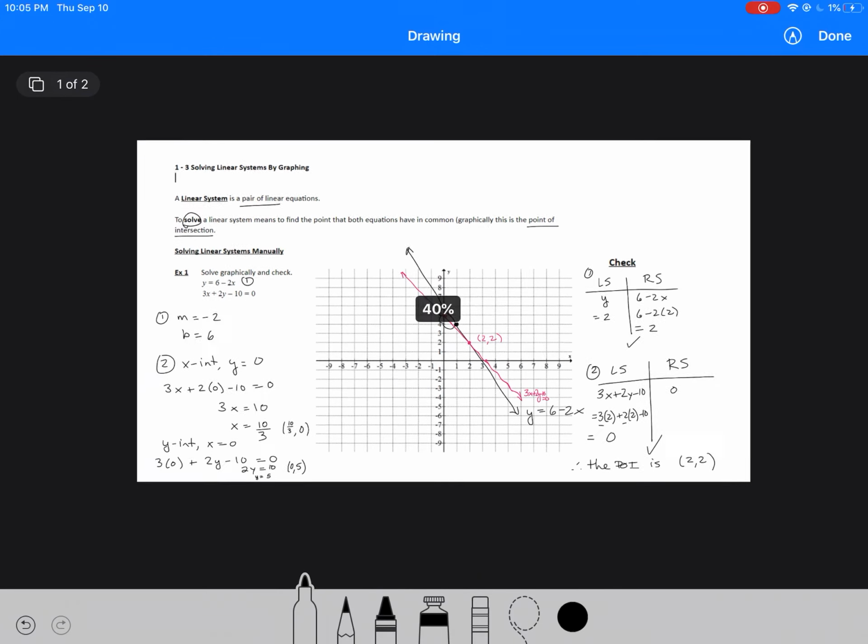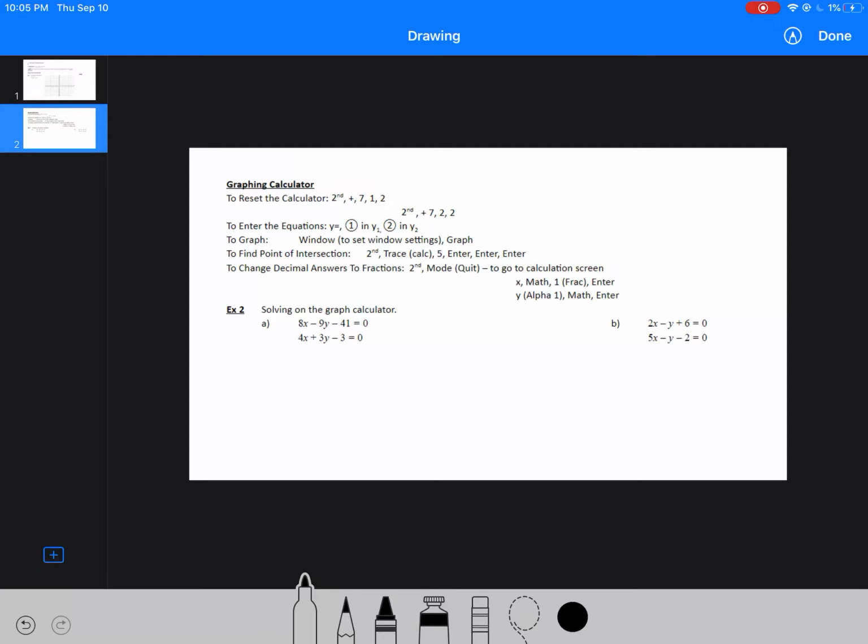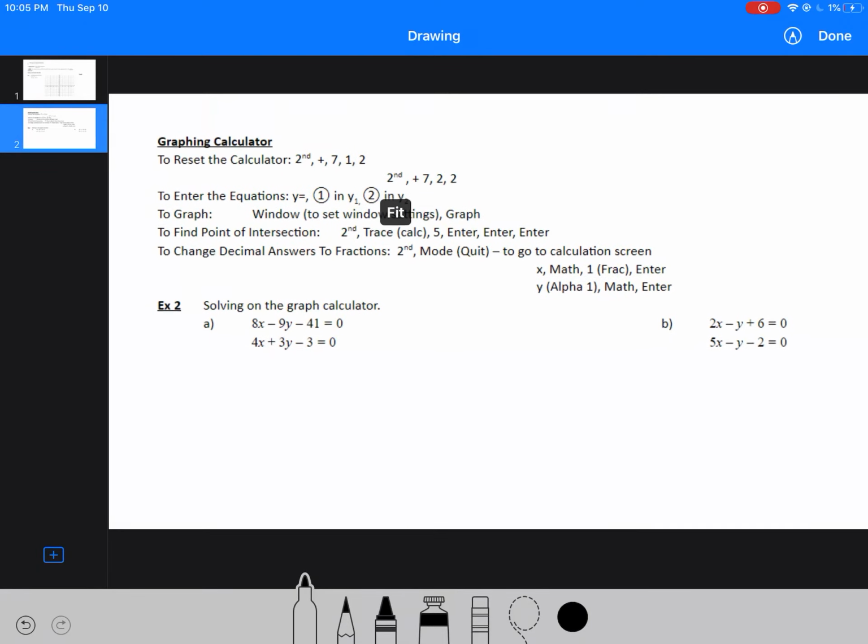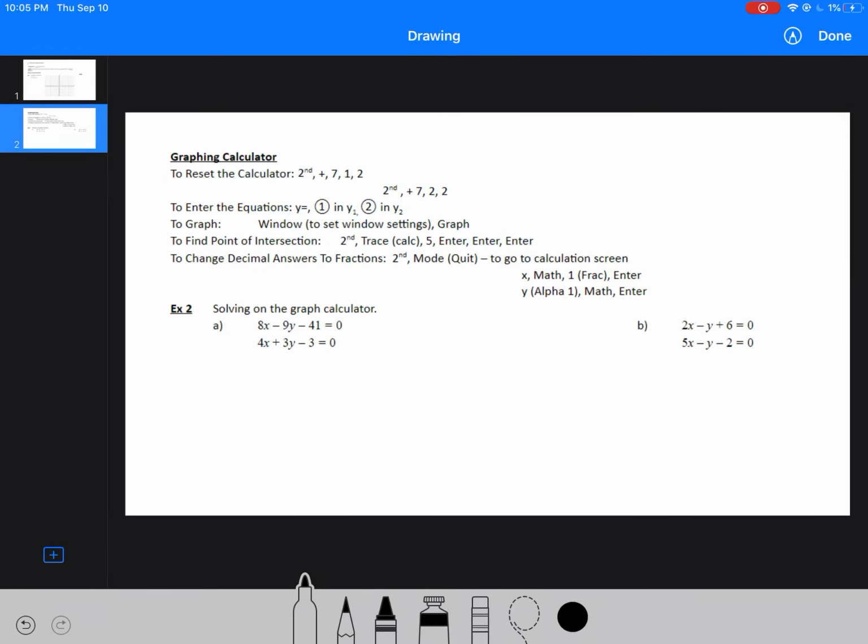The other way that you can solve a system graphically is by using a graphing calculator. Now, we're not going to use the graphing calculator a lot. If you have one, that's awesome. If you don't, there are what's called emulators. I have an Android phone and I use an app called Wabbit Emu.